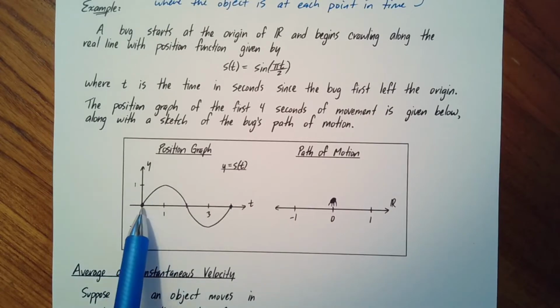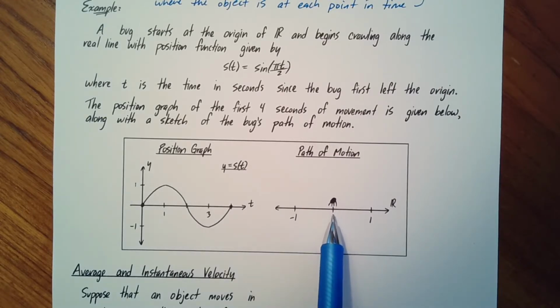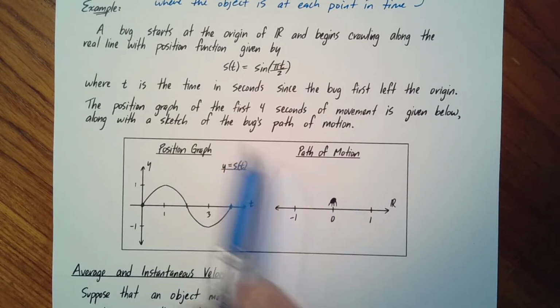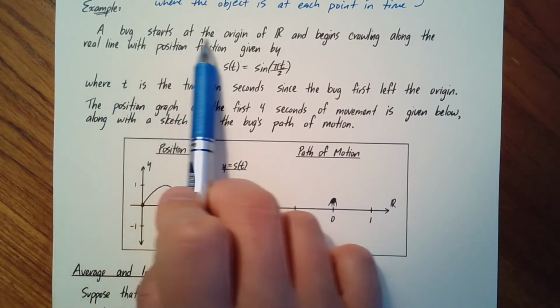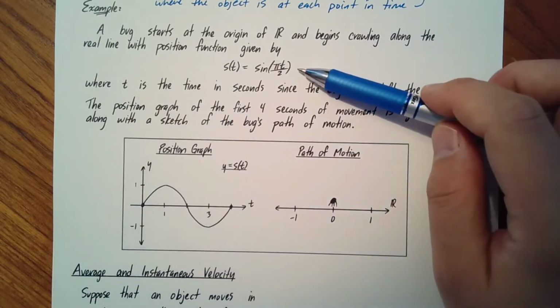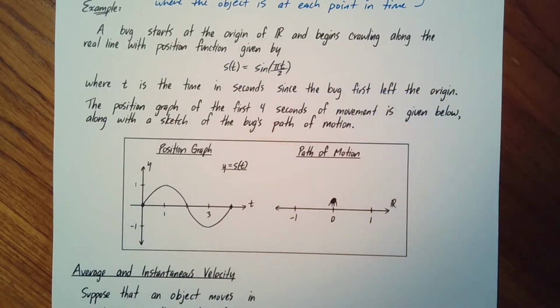So for example, this point here corresponds to t equals 0, and the y-coordinate of this point is 0. So that tells us that s of 0 is equal to 0. So in other words, the bug's position at time 0 is right at the origin. And really, we already knew that. That was told to us in the question, right? The bug starts at the origin. But it's nice to know that this function definitely corroborates what we're already told.